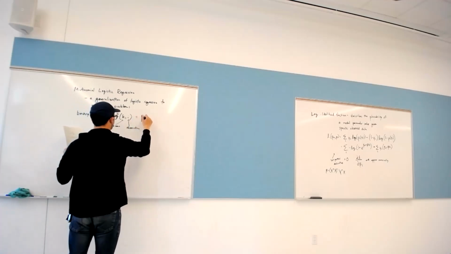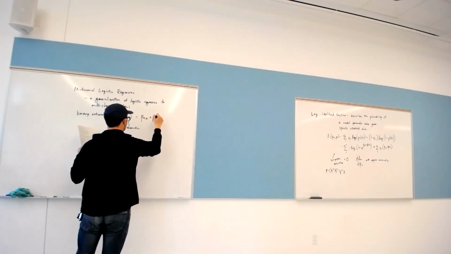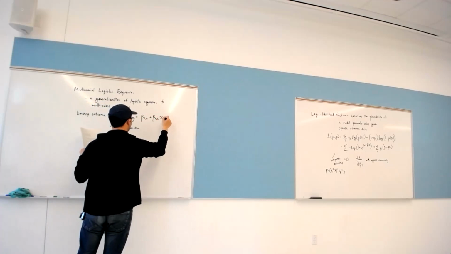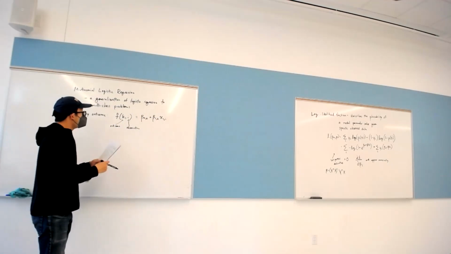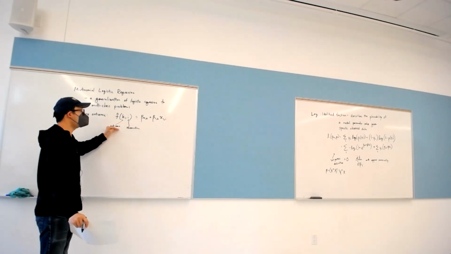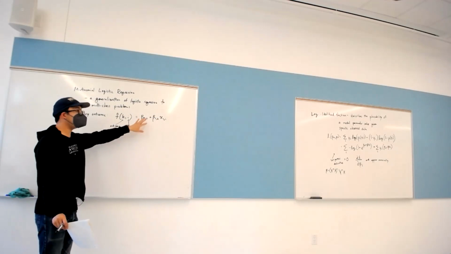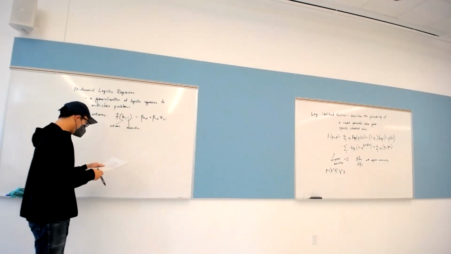So beta 0k plus beta 1k times x1i. So for each type of outcome, you have a different set of betas, and this is specifically for your binary model.